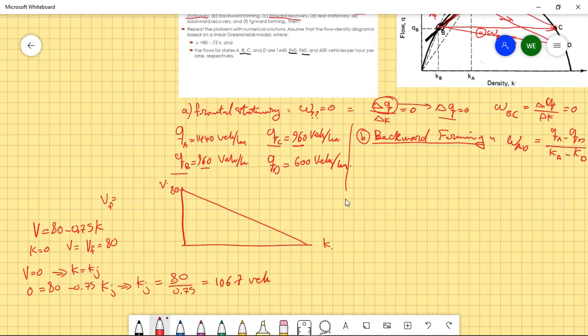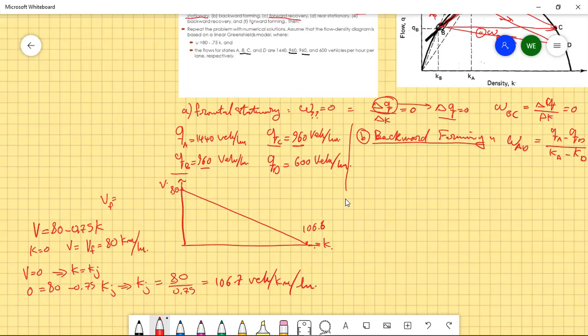And this is vehicles per kilometer per lane, and this is kilometers per hour. So the jam density is 106.7, and this is the speed.